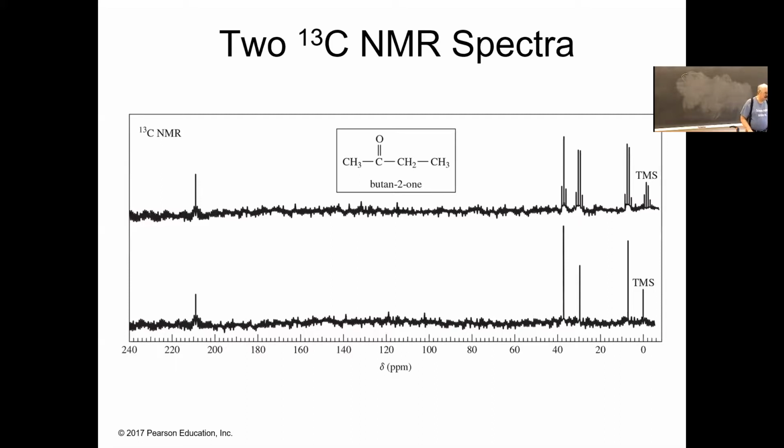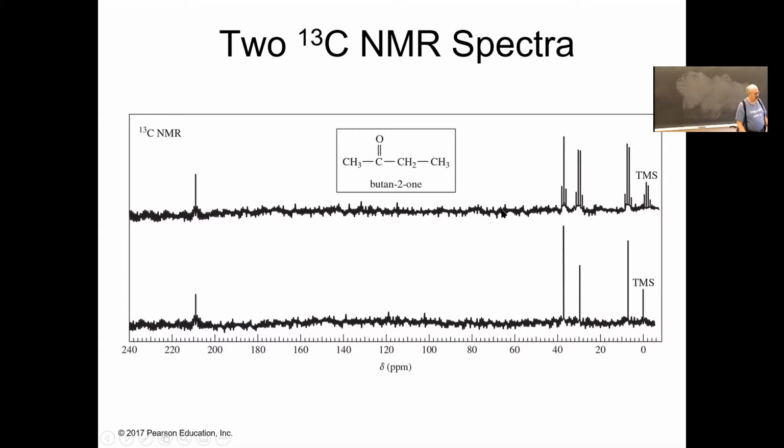Here is butan-2-one, a ketone. The carbonyl carbon is way downfield, around 210, and it's a singlet. There's no hydrogens attached. If we do the broadband decoupled, all the carbons appear as singlets. We've got 4 carbons, 4 signals.